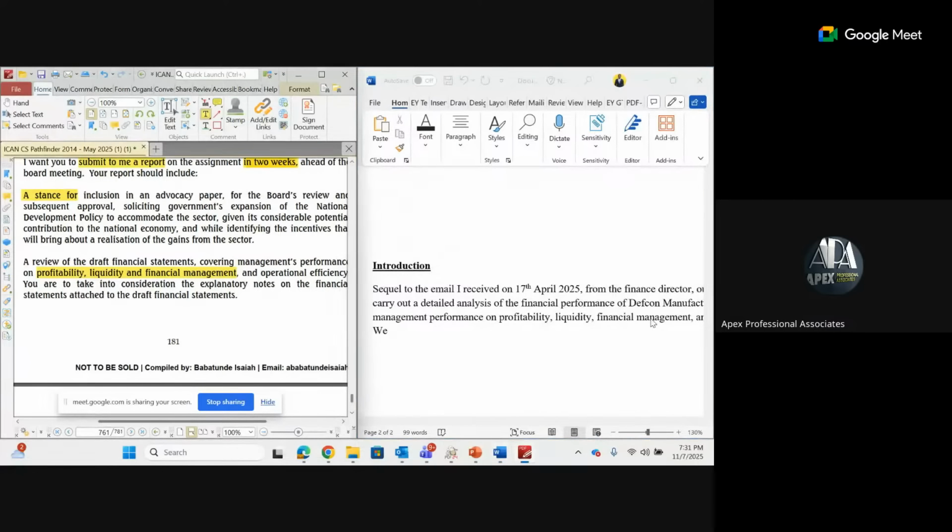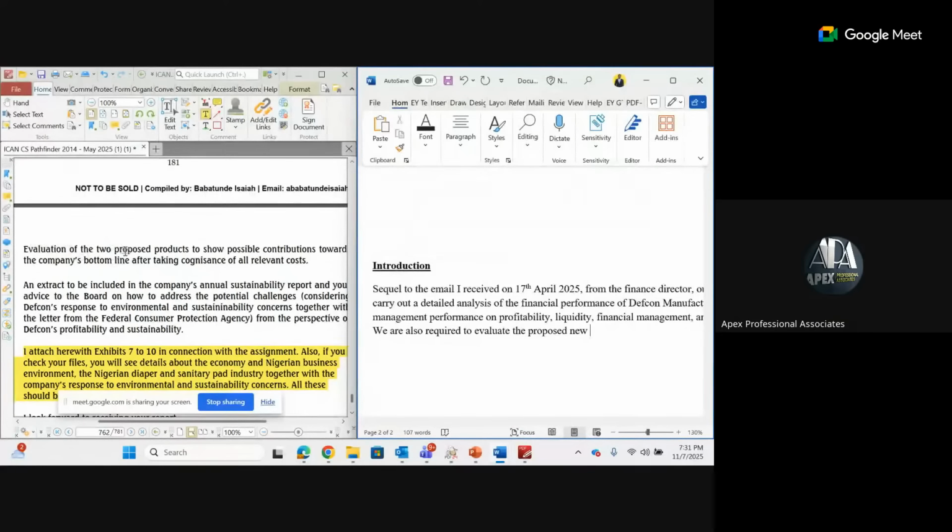You have referenced one of the requirements, but mind you, you have 4 requirements. So you have to also mention the other requirements. So let's take them. We are also required to evaluate the proposed new products.